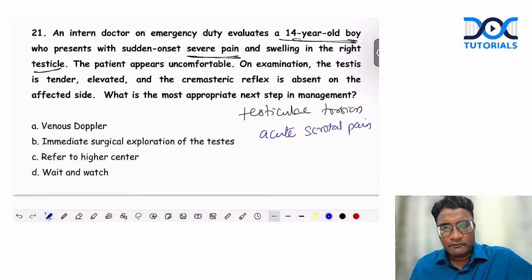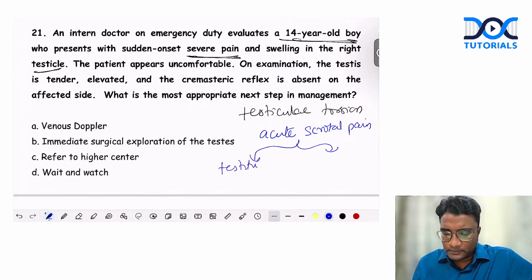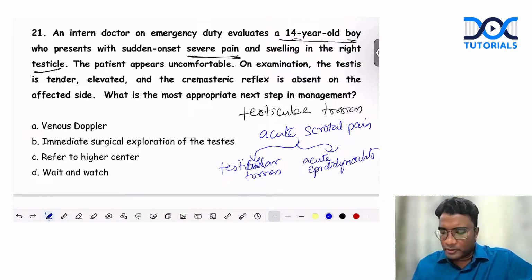In a young patient, when you have acute scrotal pain, you think of two things, right? One is it could be testicular torsion, or you can have acute epididymitis. Epididymitis will have increased flow in the testis.